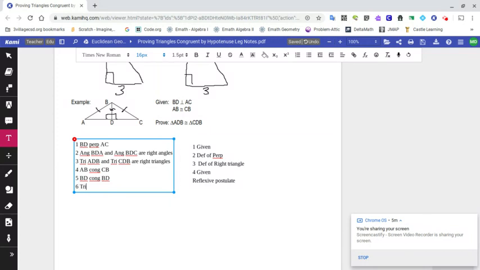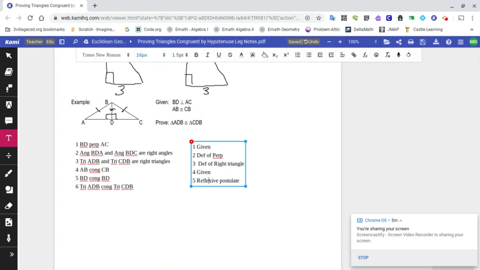I can say triangle ADB is congruent to triangle CDB, and I used steps 4 and 5, and I write HL is congruent to HL, hypotenuse leg. Again, the key to this is steps 2 and 3. Step 2 says that I have right angles. Step 3 says I have right triangles. Those two statements have to be in there before you can use hypotenuse leg.